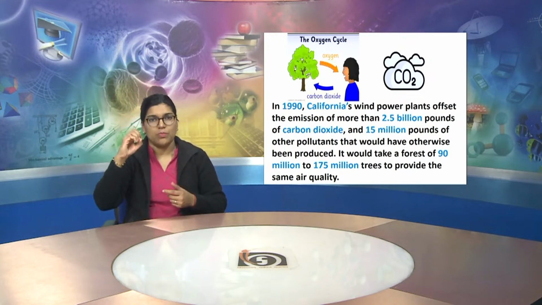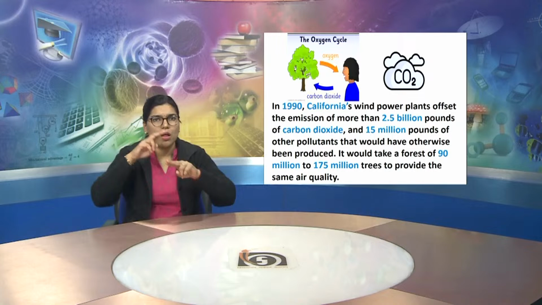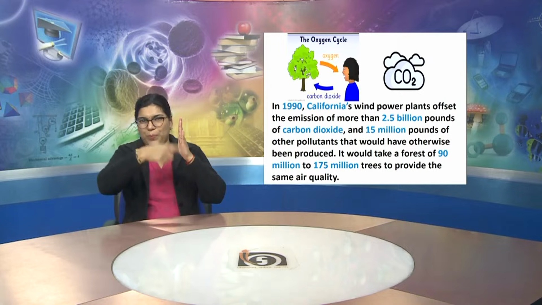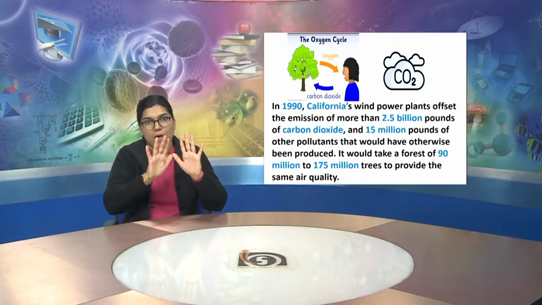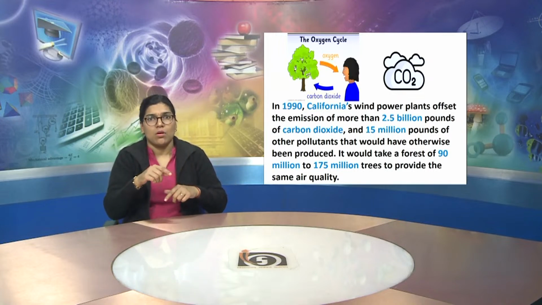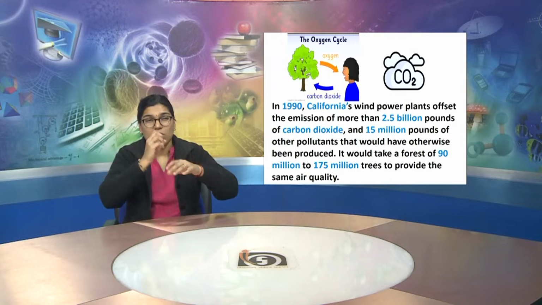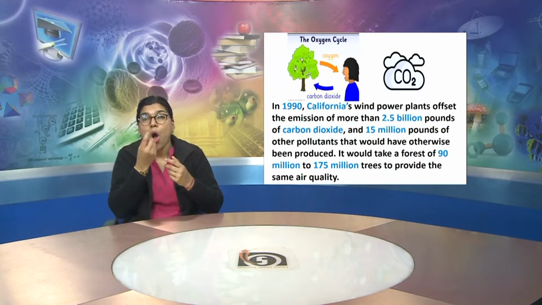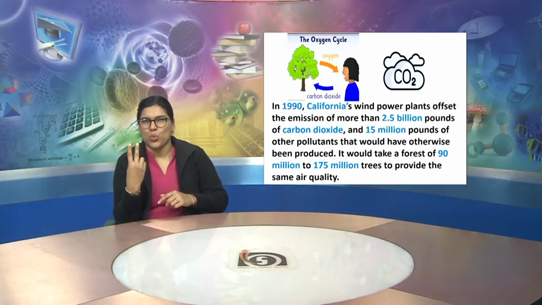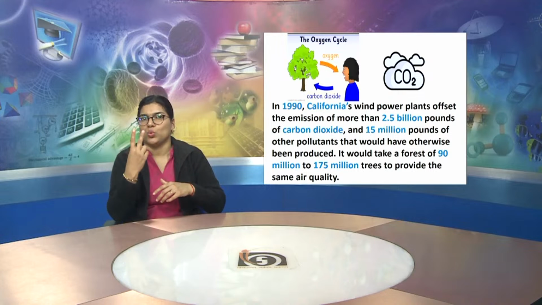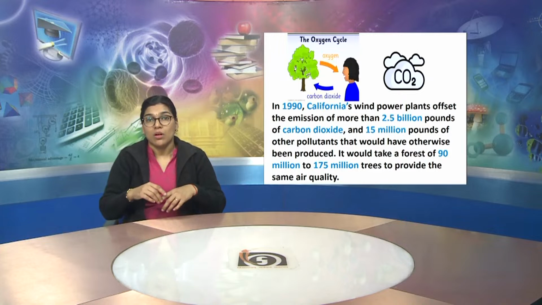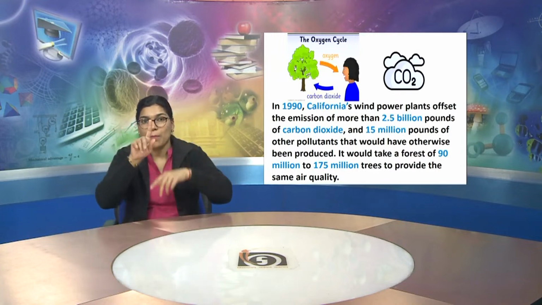If we talk about previous years, in the year 1990, in California, at a wind power plant, the plants offset the emission of more than 2.5 billion pounds of carbon dioxide and 15 million pounds of other pollutants that would have otherwise been produced.